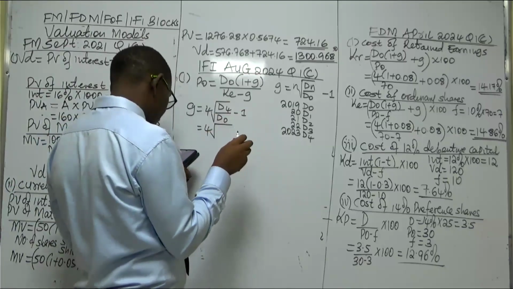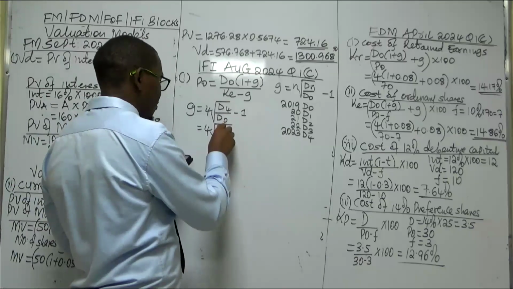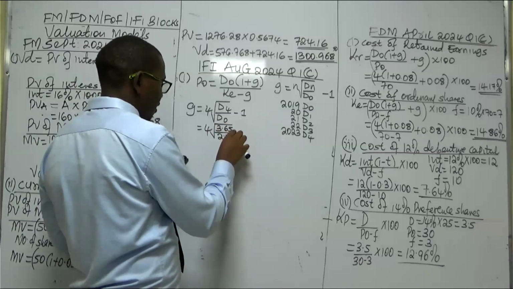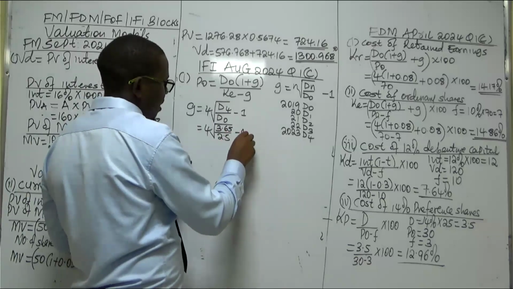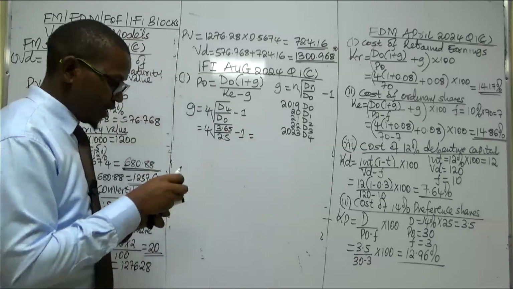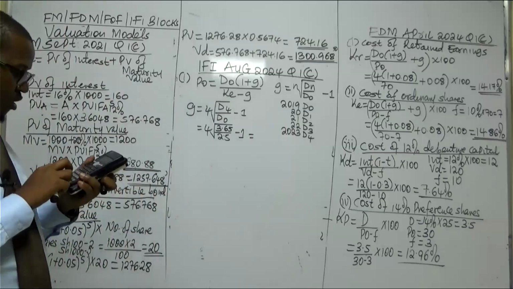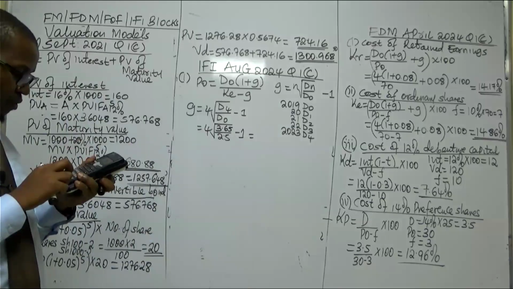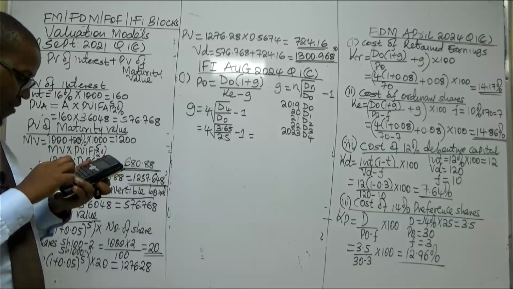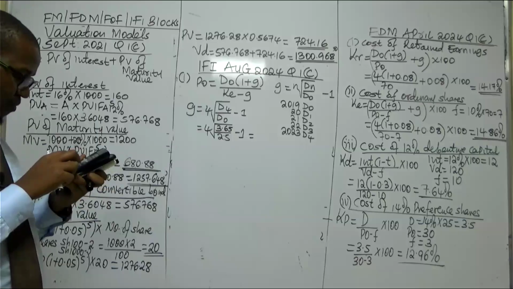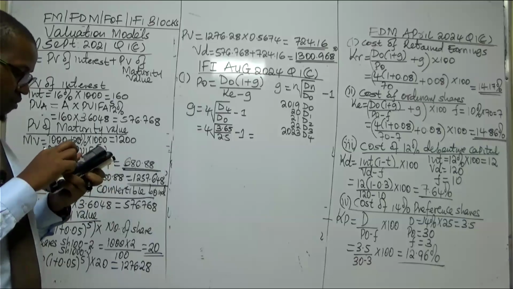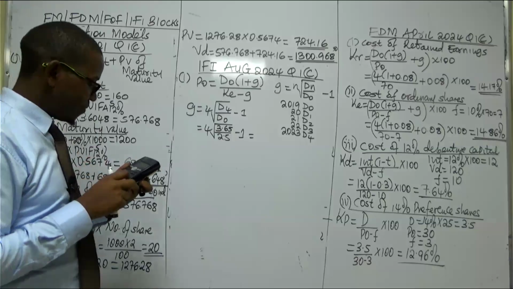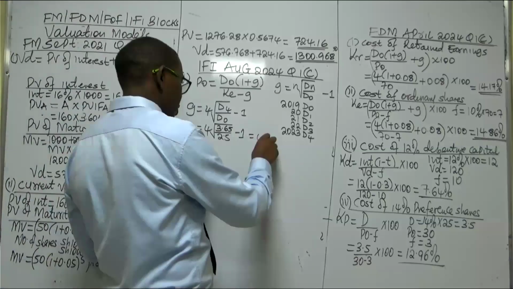In 2023, the dividend per share is 3.65. In 2019, it was 2.5. Minus 1. What will be our growth rate? This is 3.65 divided by 2.5, 4th root of answer, minus 1. This is 0.10.